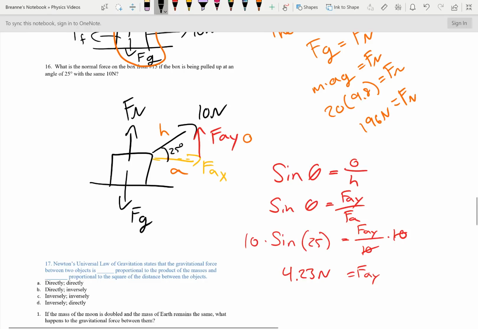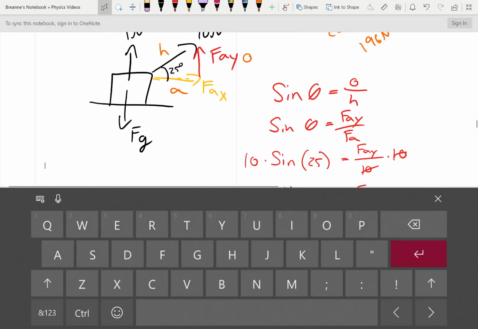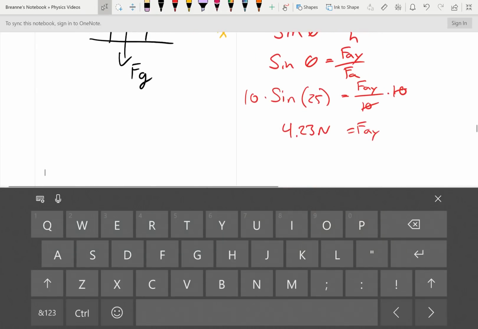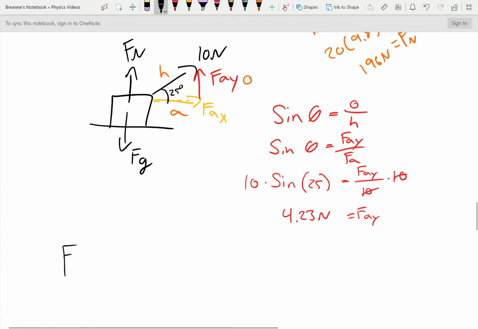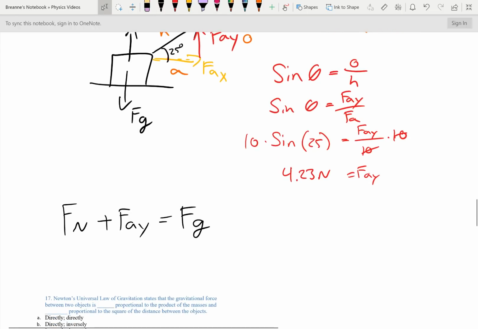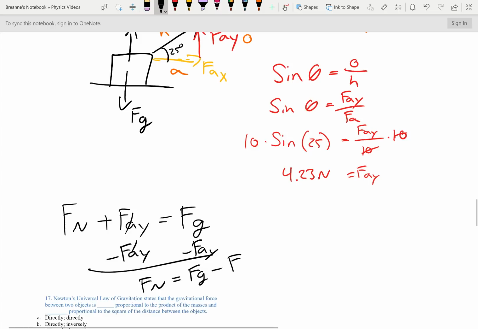And again, if you're looking for your force of normal, remember, everything going up has to equal everything going down. Now force of normal is going up and force applied in the y is going up, and that has to equal everything going down, so that's your force of gravity. So to find force of normal, you subtract your force applied in the y. Force of normal equals force of gravity minus force applied in the y. Force of gravity is your mass times acceleration due to gravity.